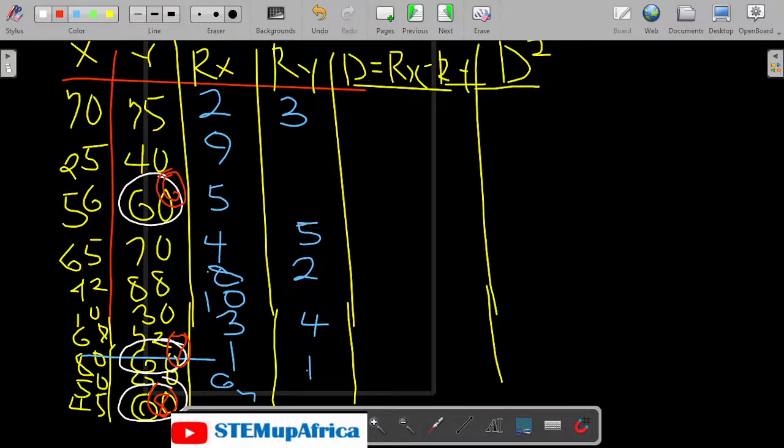So I will rank the first 60 because we stop at 5. The next ranking ought to be 6, but we have 3 equal numbers there. So I will rank the first 60 as 6, the second 60 as 7, the third 60 as 8.